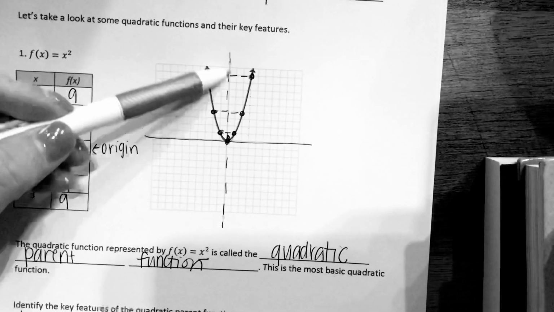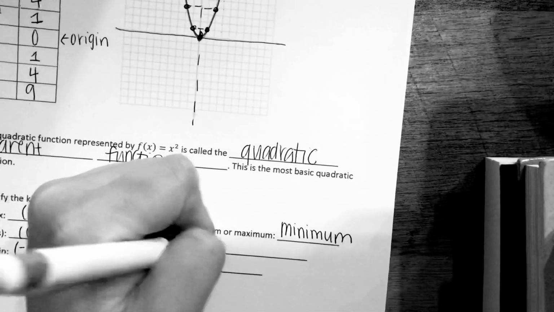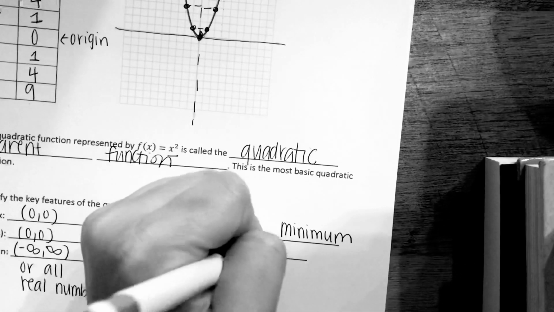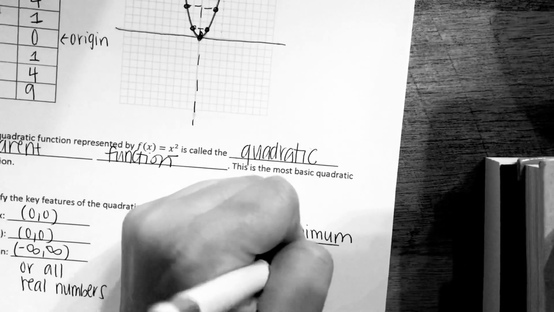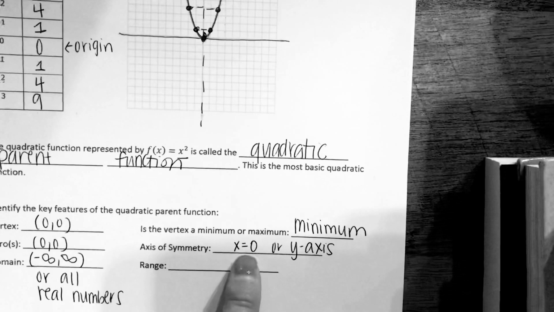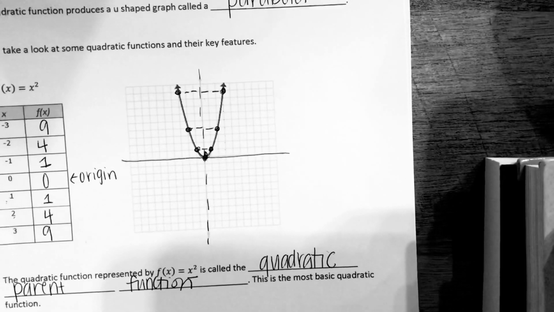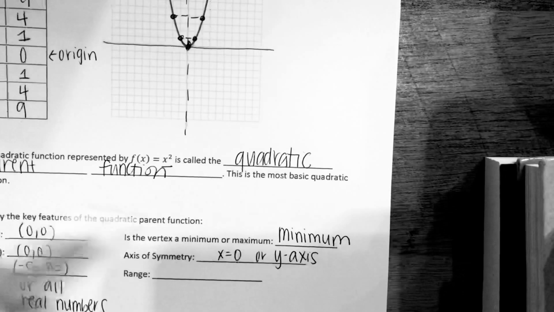At this particular moment, this is considered the line x equals 0, or you could call it the y-axis. For what we are doing in algebra, you need to stick with x equals 0 because in other places you're going to have x equals whatever is happening there. But just to connect what that specific place is, it is considered the y-axis.